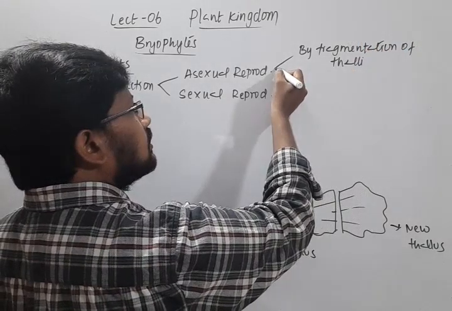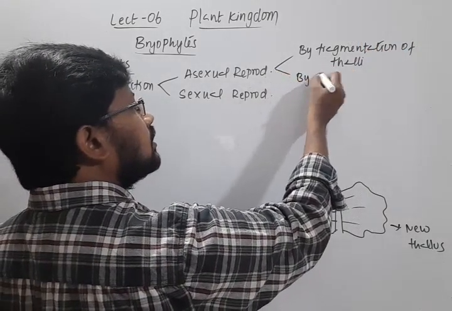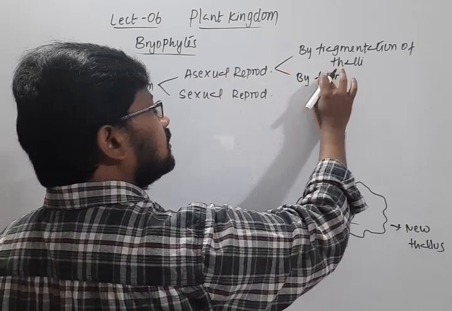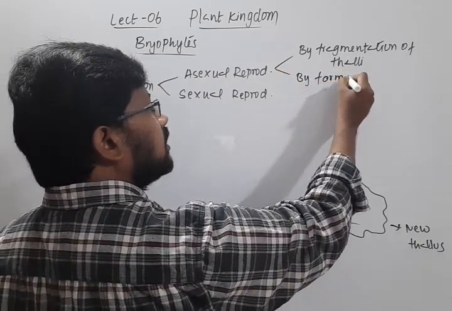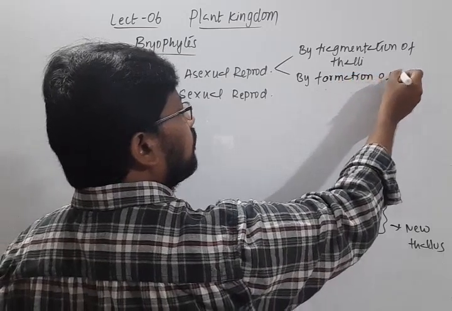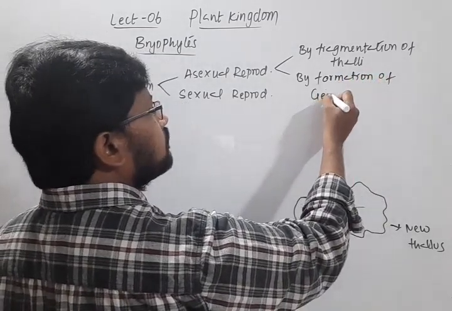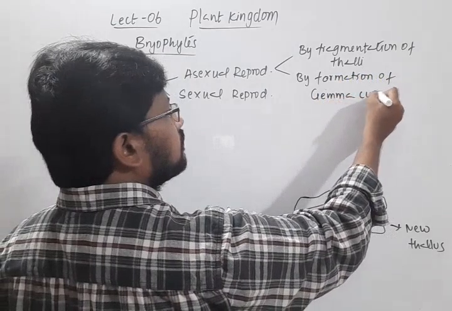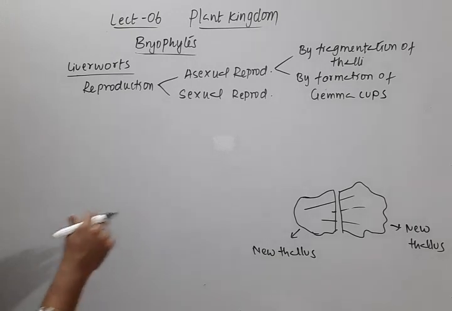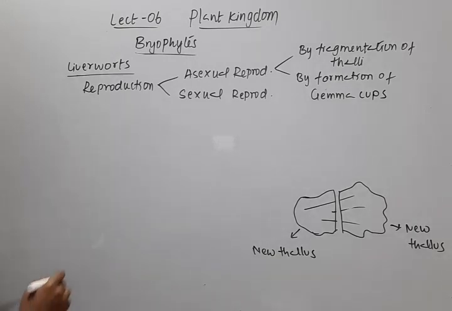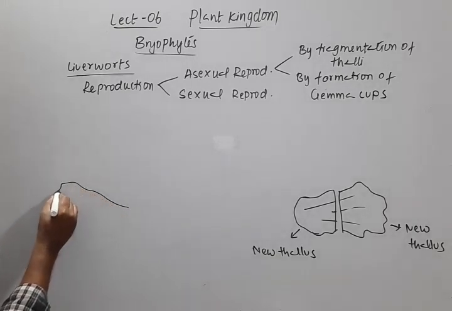The next one is by formation of gemma cups. Here these gemma cups will develop on the thallus itself.